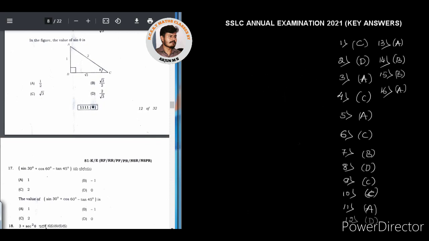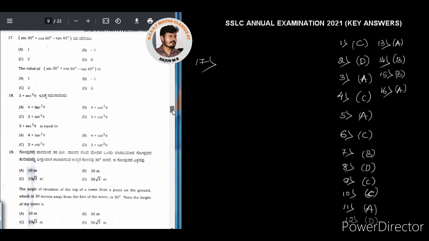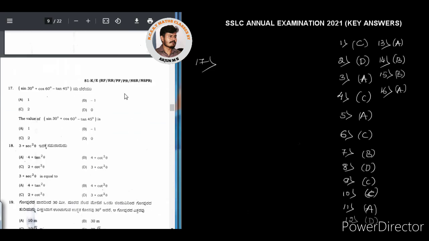So now you just take down the next question, that is 17th one. In that question, sine 30 degree plus cos 60 degree minus tan 45 degree.